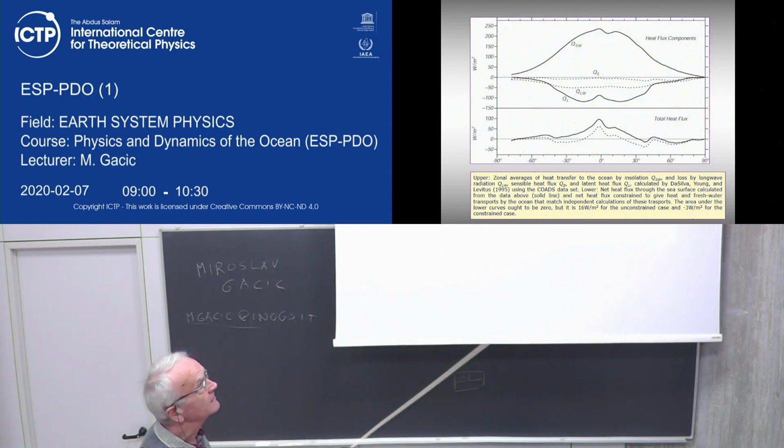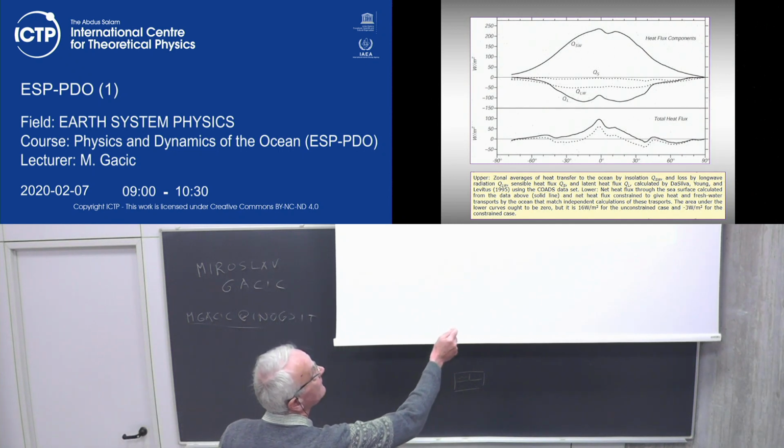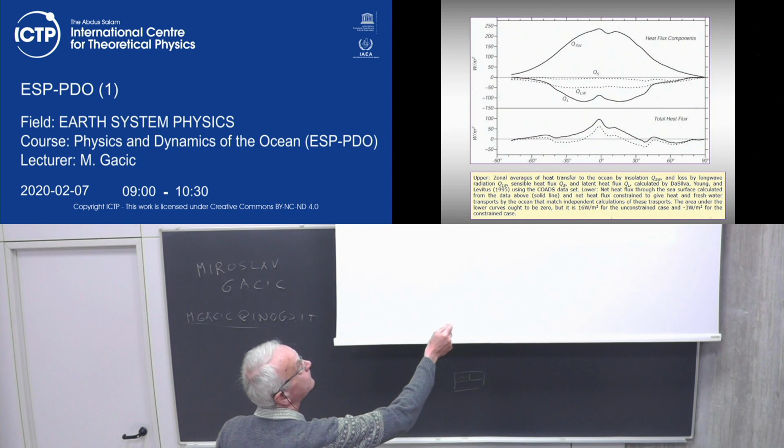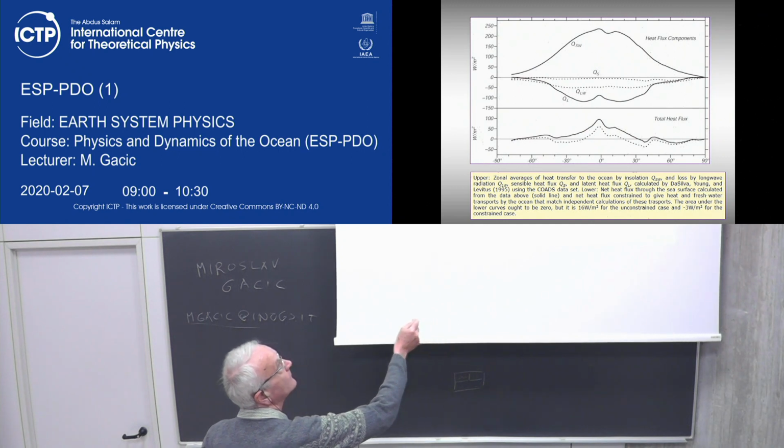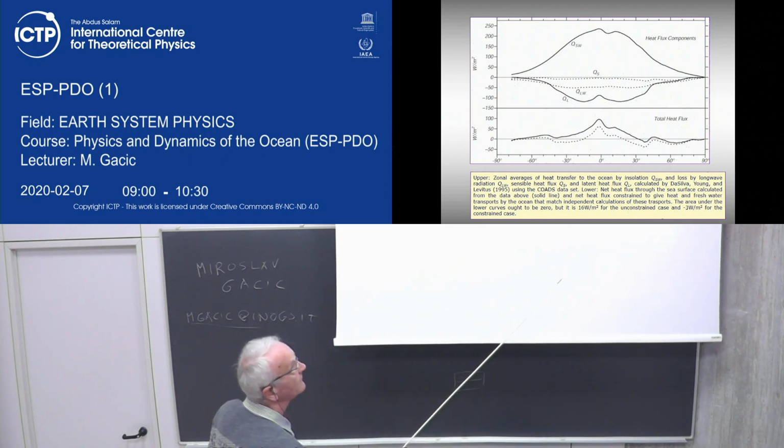The sum of these three should be zero if we do the integral over the entire ocean. But we have to take into consideration the transport, because the transport is something which tries to take the heat from the equator toward the polar areas, from one side to the other side, and so forth.